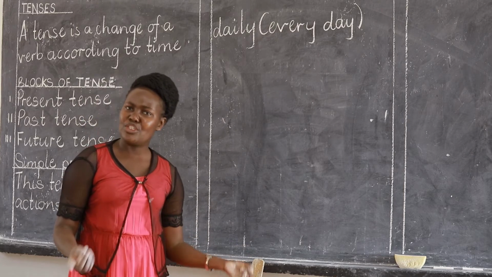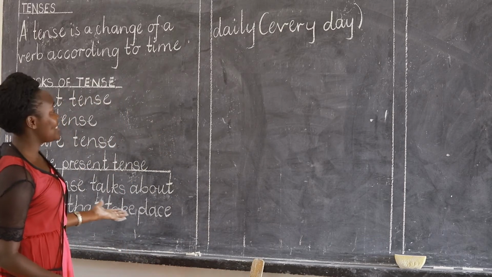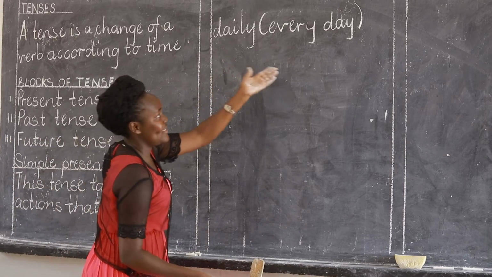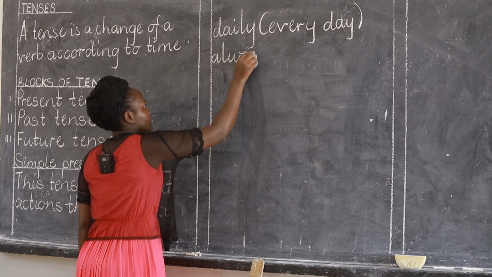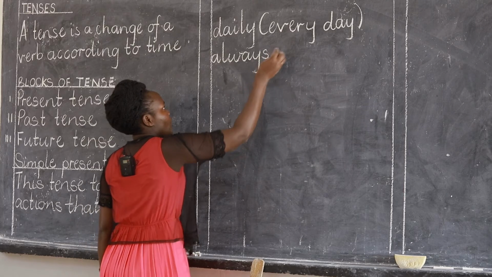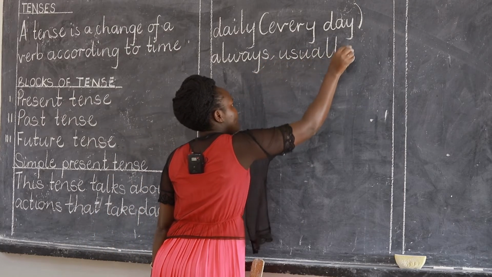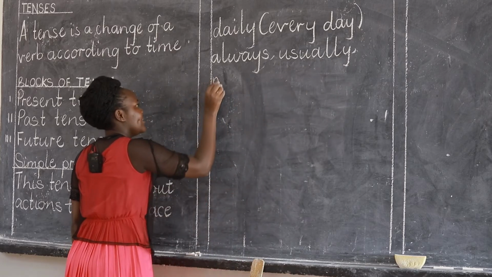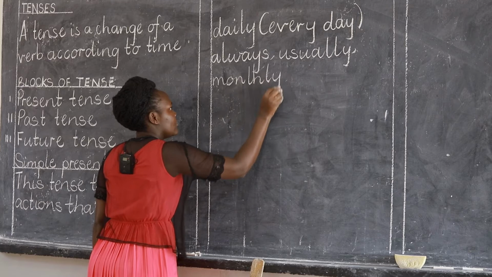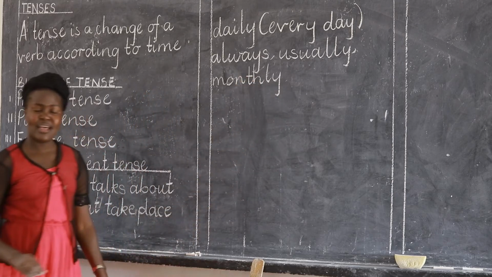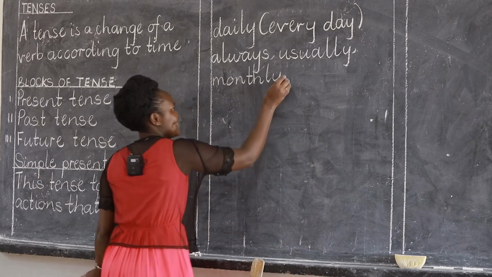I mean, what do you do every day? So this tense talks about actions that take place daily. That is the everyday. Always. Usually. It can be monthly. What else? Annually. It can be sometimes.